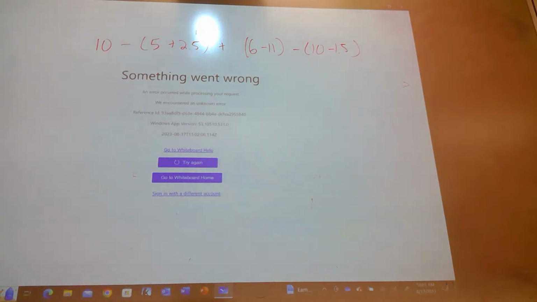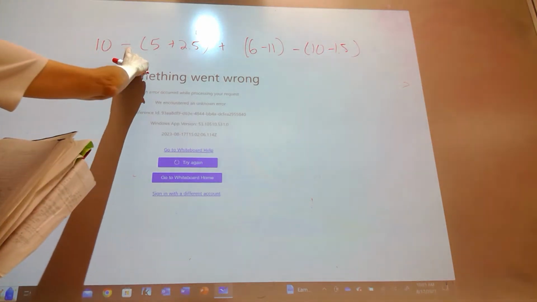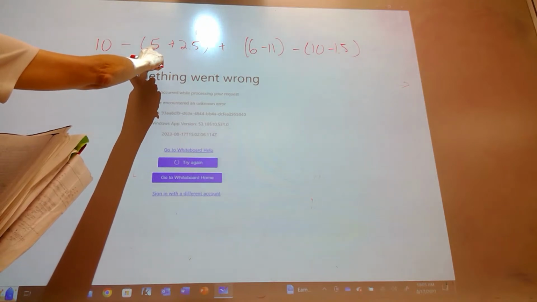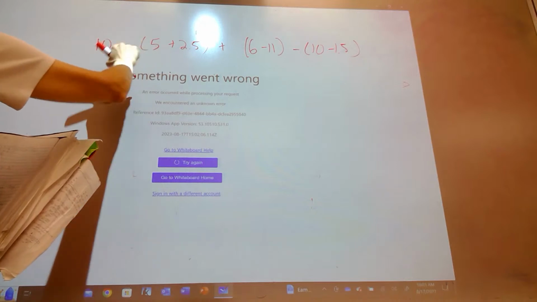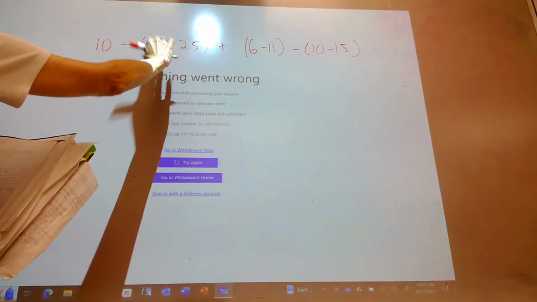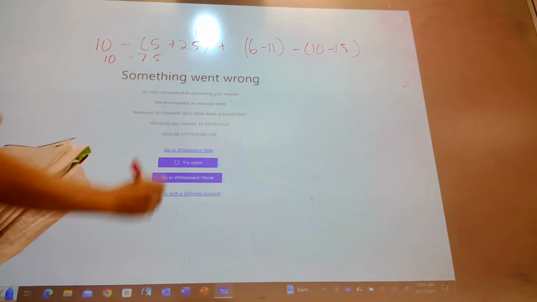Okay, so a common mistake for students, if I were to distribute this negative here, is to just put it in front of the -5. Now, the correct way, you can combine these and get 7.5, right? So we have 10 minus 7.5. That is the correct answer.